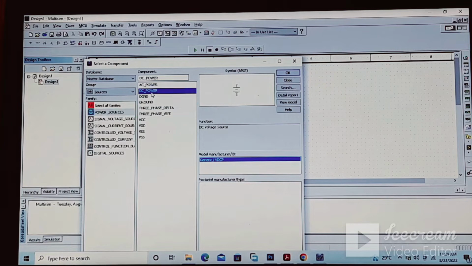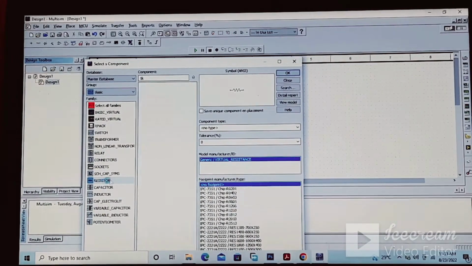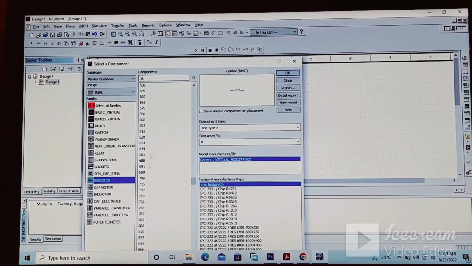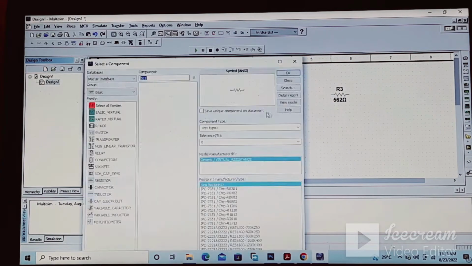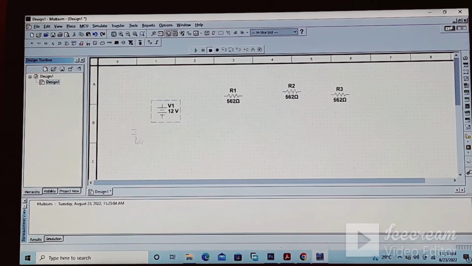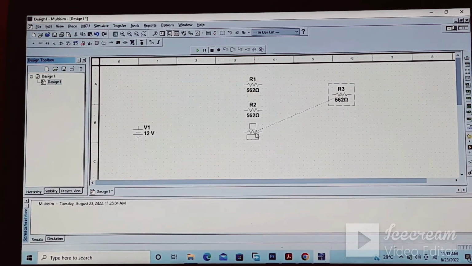So again go to the place source. Take the DC power, and take again the resistor through this basics resistor, take any value and we will change it. We have 3 resistors, and now we have to connect these resistors in parallel. Okay.